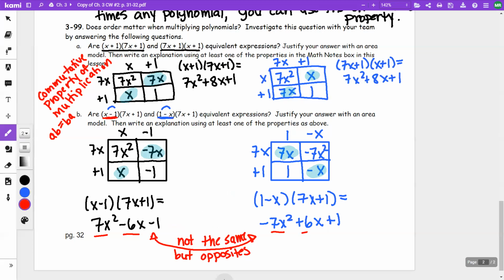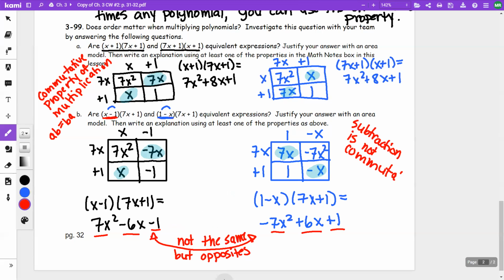Opposite of a negative 6x is a positive 6x. The opposite of a negative 1 is a positive 1. So they are opposites. So it's okay to switch what you're multiplying, but you cannot switch what you're subtracting. So subtraction is not commutative. Adding is.